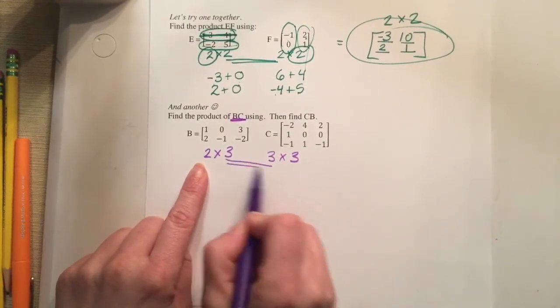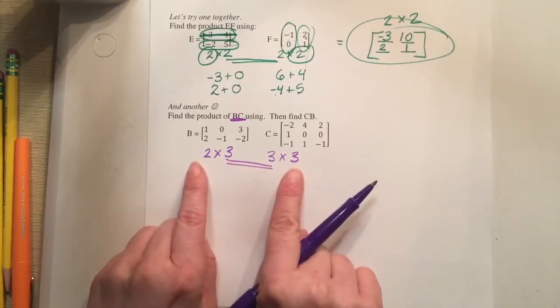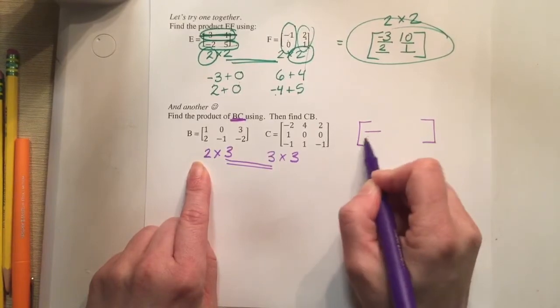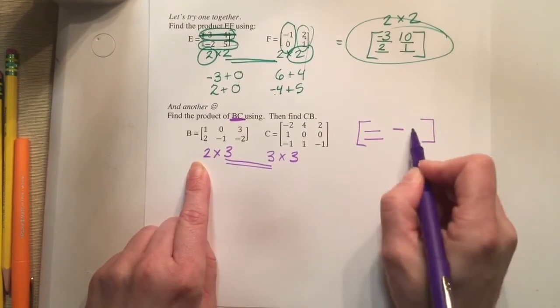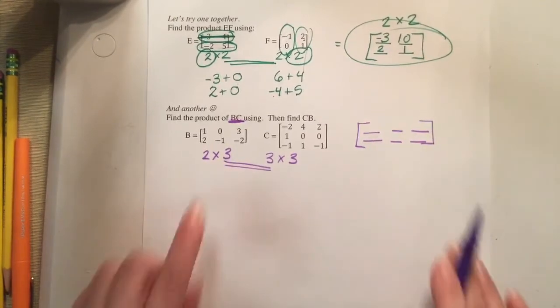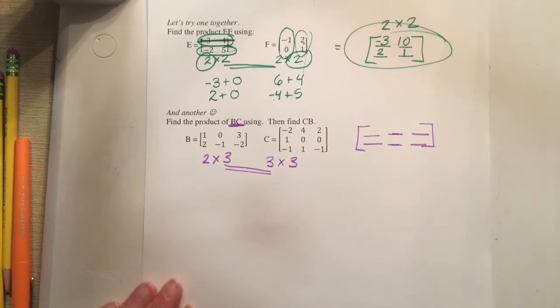My middle two numbers match. So yes, I can find a product. My solution is going to be a 2 by 3, meaning I'm going to have 2 horizontal rows by 1, 2, 3 columns. So I'm looking for 6 values to find my solution.